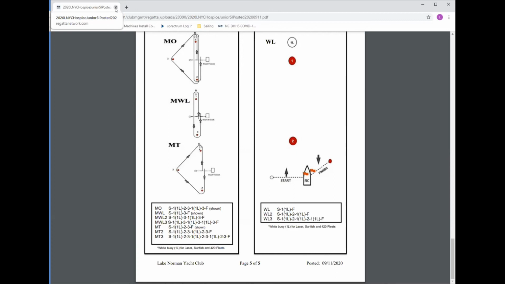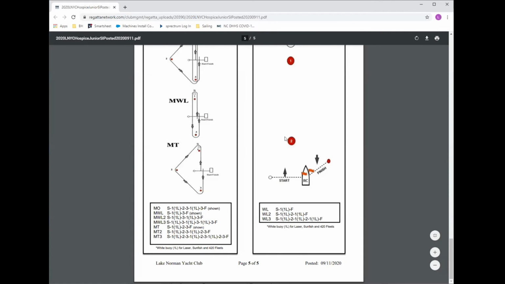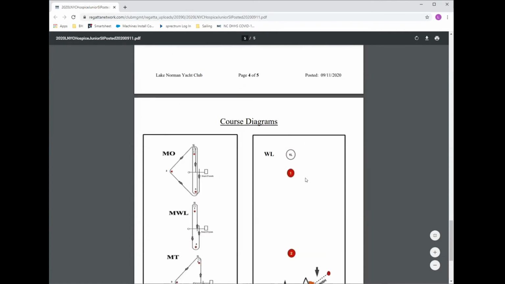But even if you adopt that designation, you still have to put the description of the courses into the sailing instructions for now. But come 2025, you could in the sailing instructions just say, we're using the courses in Appendix S. And then you wouldn't have to put any diagrams or descriptions in your sailing instructions.